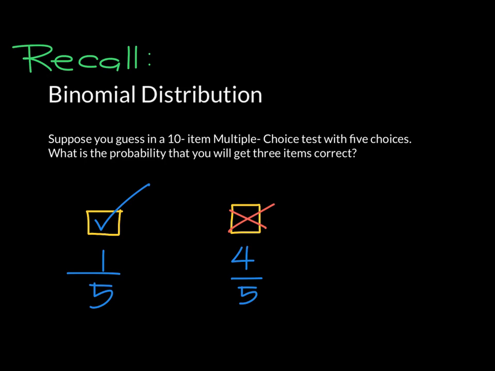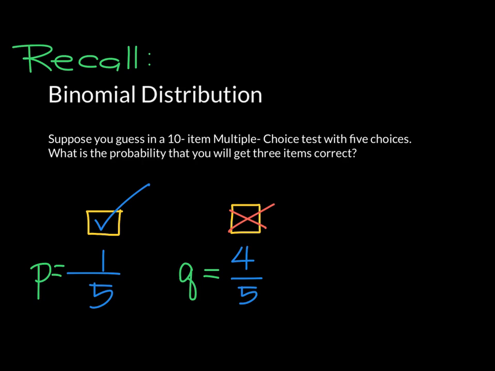So we could say that if the probability of success is P, then P is 1 over 5, and the probability of failure, let's say it's Q, is 4 over 5. Note that for each trial or question, the chances of you getting it right is not affected by the chances of getting the other questions right. In short, the trials are independent.